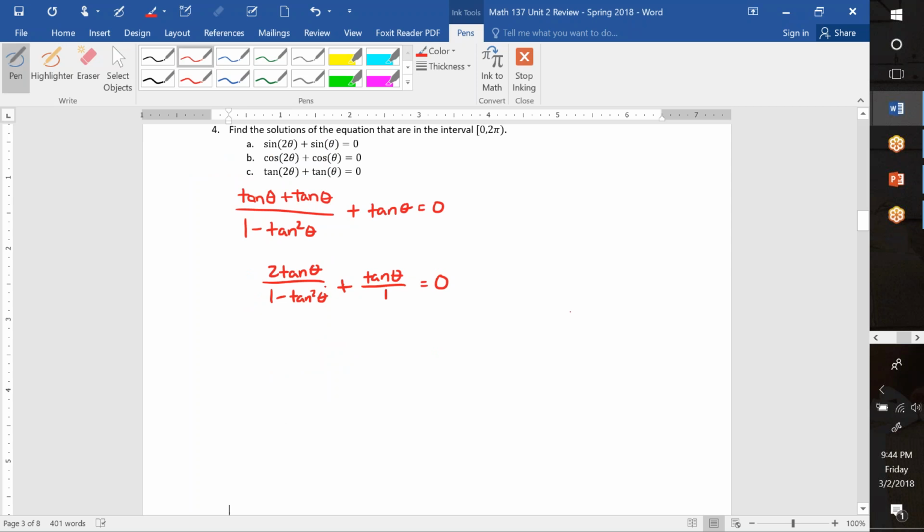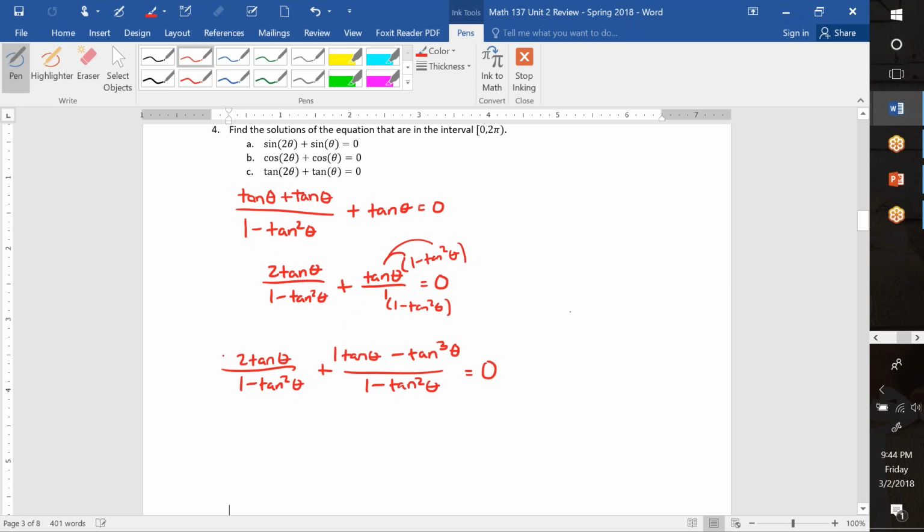Okay, and then I am going to try to get a common denominator by multiplying this by 1 minus tan squared over 1 minus tan squared. So this would be 2 tan theta over 1 minus tan squared theta plus tan theta, because I'm going to go ahead and distribute this, minus tan cubed, because it's tan squared times tan to the first, over 1 minus tan squared theta equals 0.